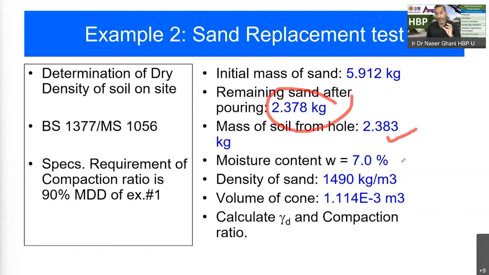After that, he will need to identify the moisture content of the soil, and then he needs to establish the density of sand. But remember, the density of sand is known because it is standard sand that is used by the lab, right? Which is the sand that passes the 600 micrometer sieve and is retained on the 300 sieve.